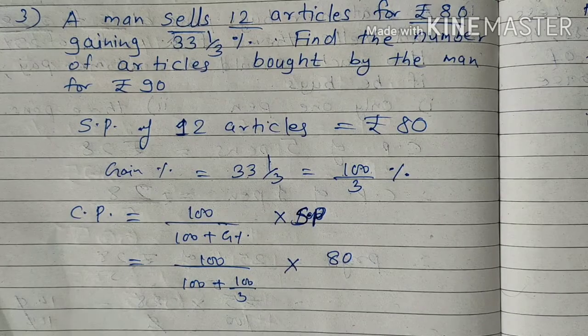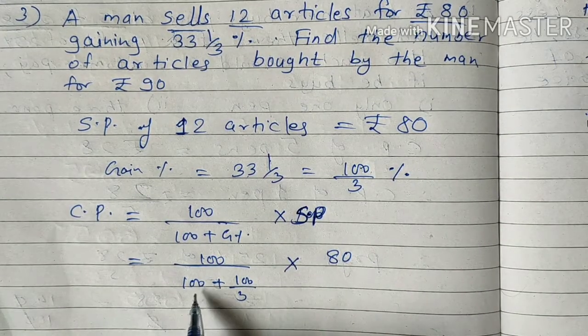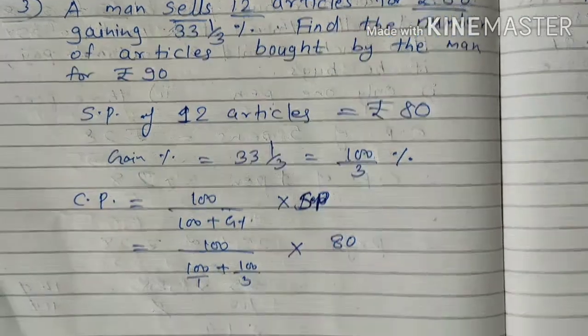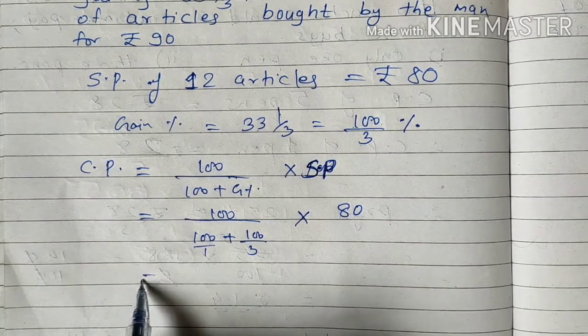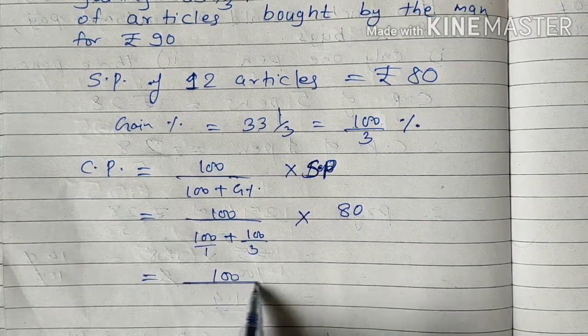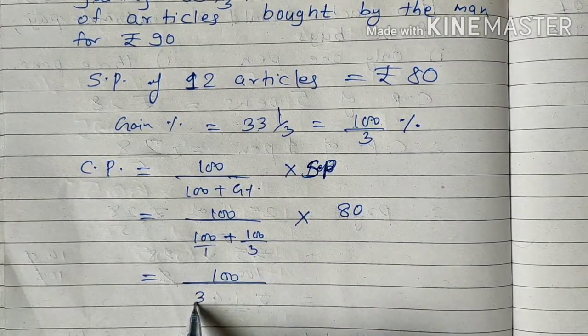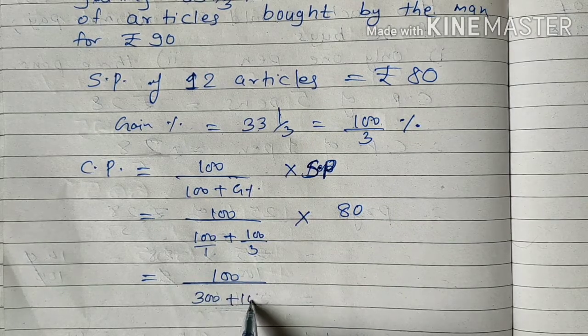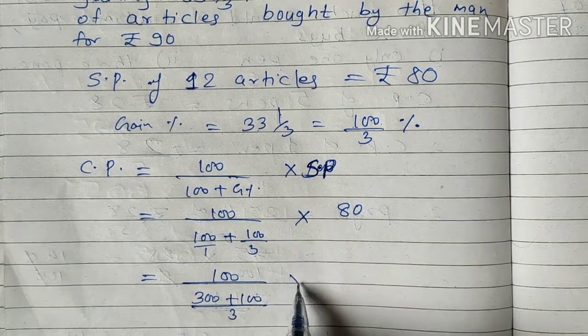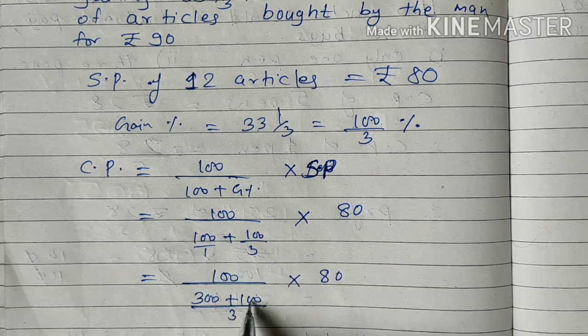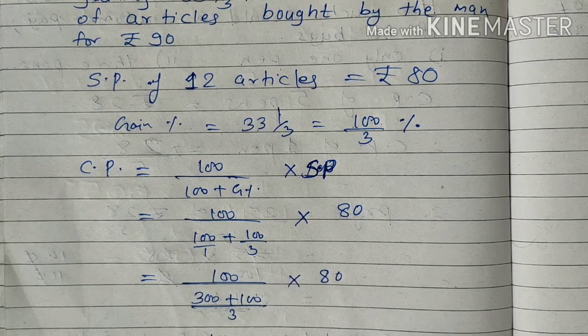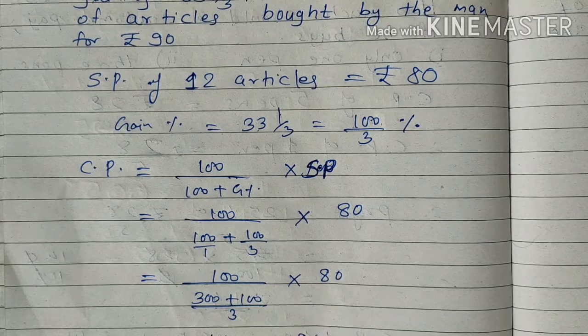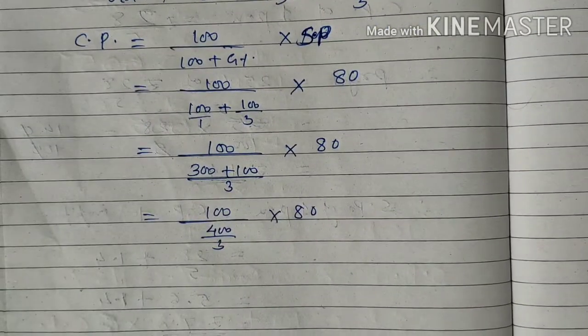How much is the selling price? 80 rupees. Correct? So to solve this we need the denominators equal. So it becomes 100 upon 100 into 3 is 300 plus 100 upon 3, multiplied by 80. 100 plus 300 will become 400 upon 3. Got it?